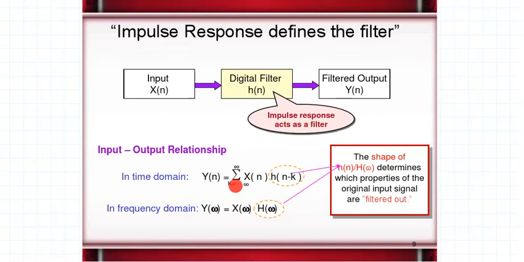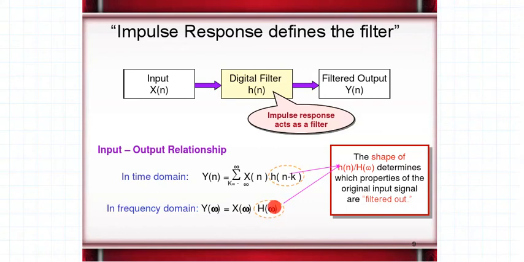If I look in the frequency domain, the same convolution becomes multiplication of their spectra. If we apply the convolution theorem, then in the frequency domain convolution becomes simply multiplication. So if Y(omega) is the frequency spectrum of y[n], X(omega) is the frequency spectrum of x[n], and H(omega) is the frequency spectrum of h[n], then I have the relationship X(omega) into H(omega).